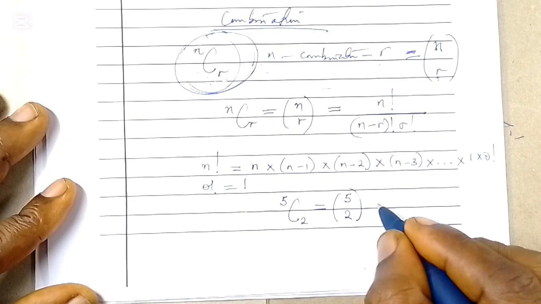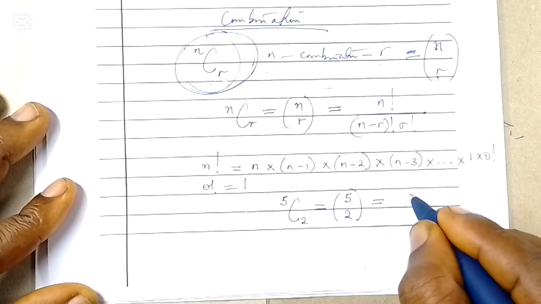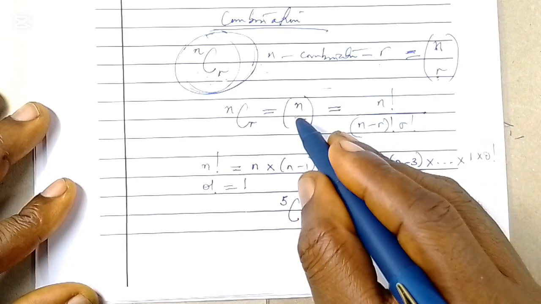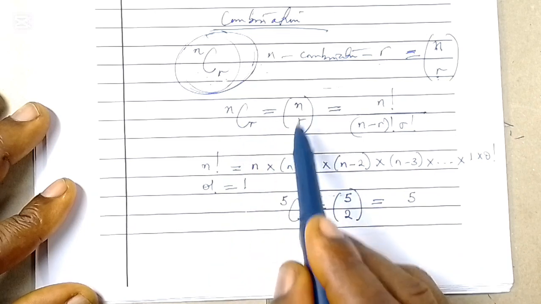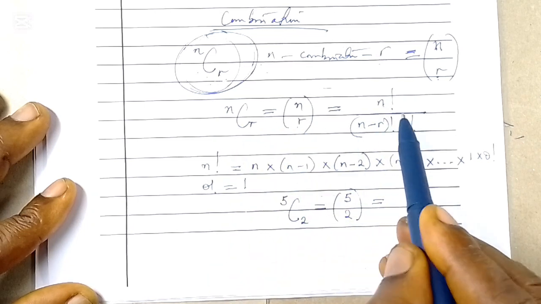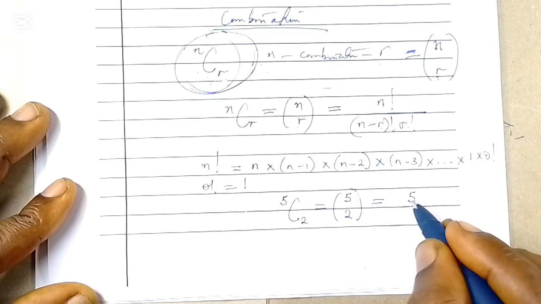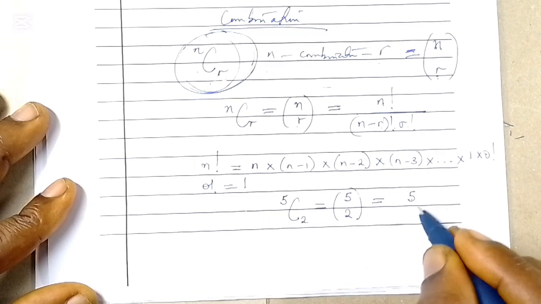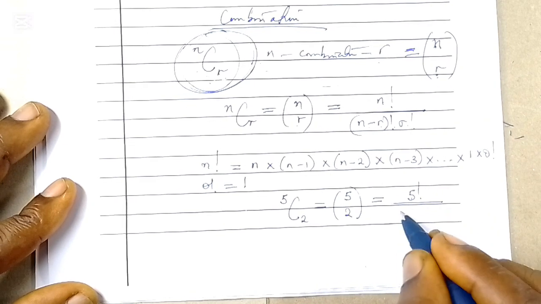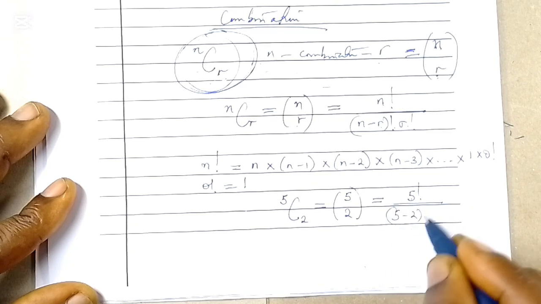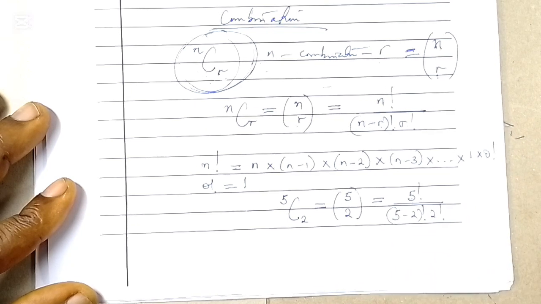By the expression above, remember when it was N combination R, which is NR, we wrote N factorial all over N minus R factorial. So 5 combination 2 is 5 factorial all over 5 minus 2 factorial, 2 factorial.